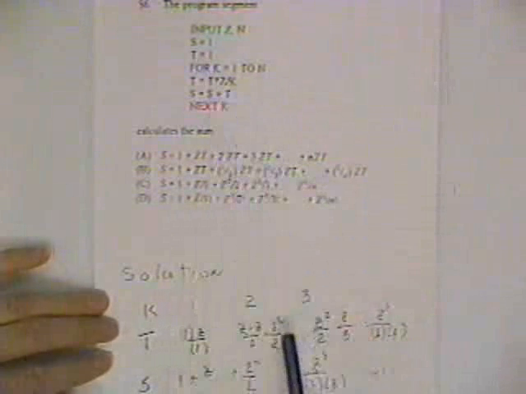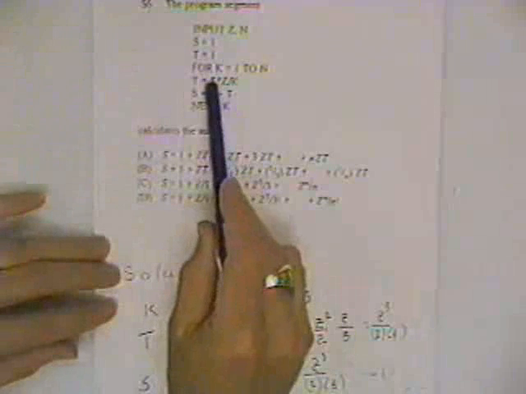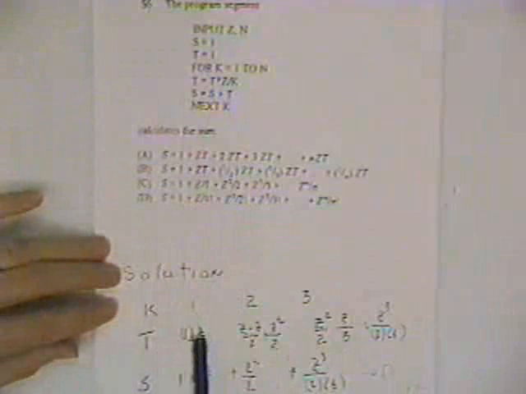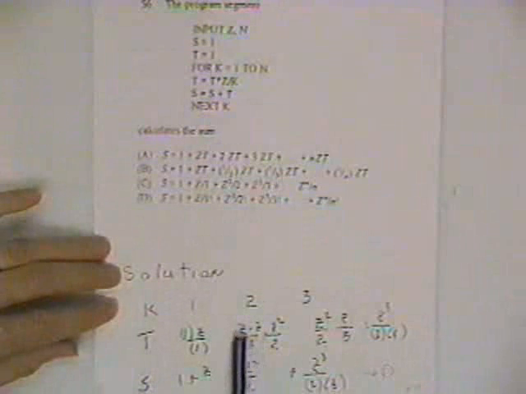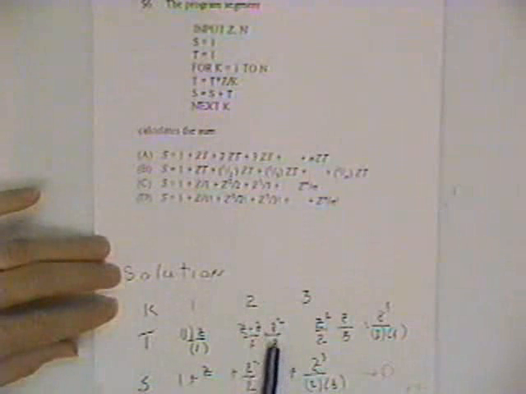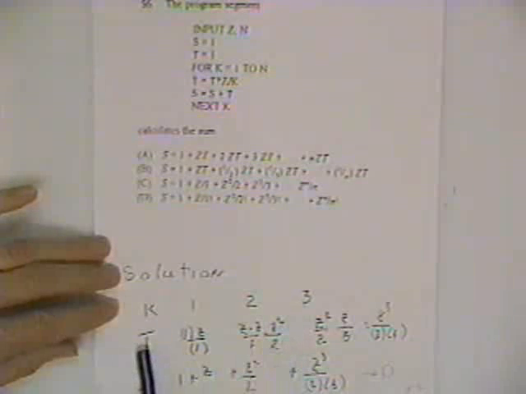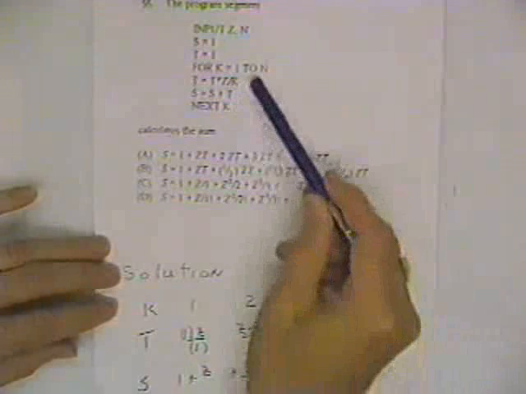Come down, we now calculate a new value for t. The new value of t is the old value of t, which is just z, times z, divided by k, and k is now equal to 2. So we have z times z divided by 2, which would be equal to z squared over 2. So z squared over 2 then is the new value for the variable t.